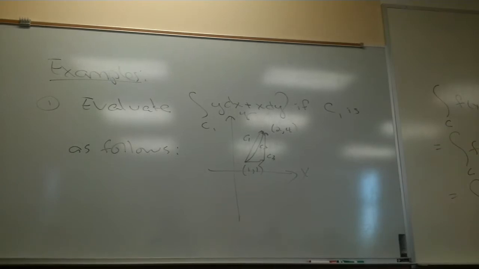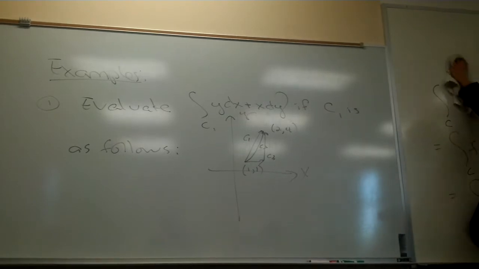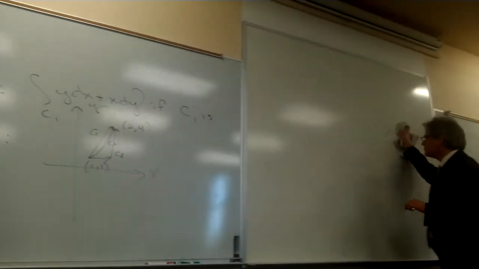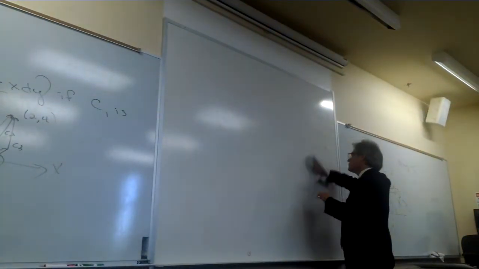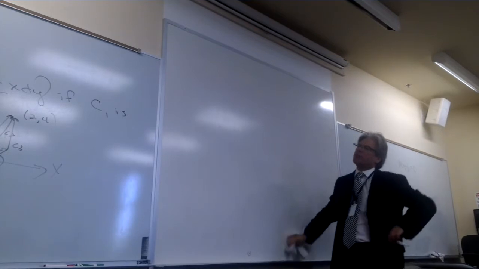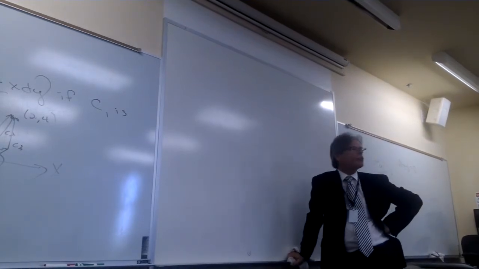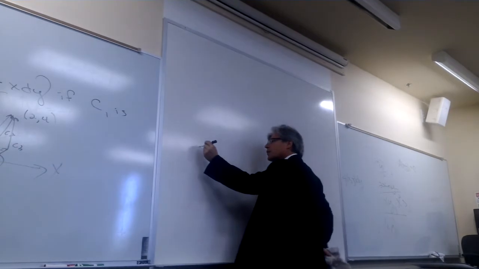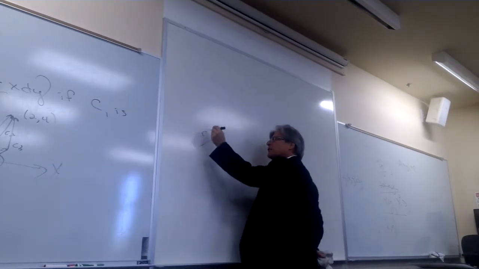What I want you guys to do is evaluate the line integral if I'm really looking at the curve C1. Now to do that, I need to parameterize appropriately. So, do you guys remember reading in the text, something I don't think I discussed, on how to come up with a parametric representation of a line segment?